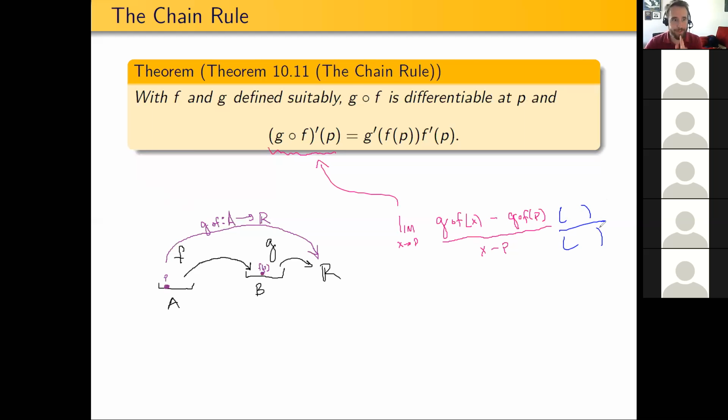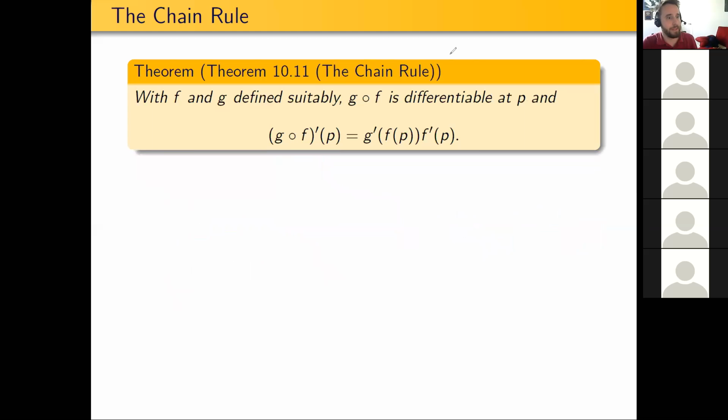And the move that we think is so clever, and it's very clever, and it's almost right, but it's not quite, is to multiply by f of x minus f of p over f of x minus f of p.